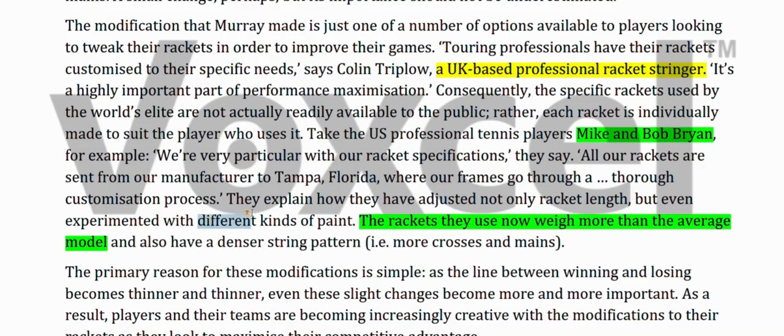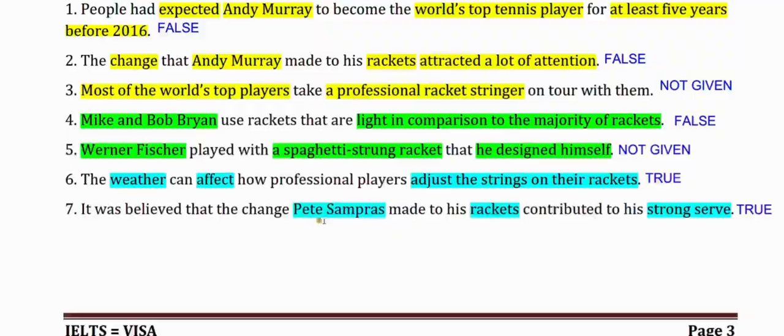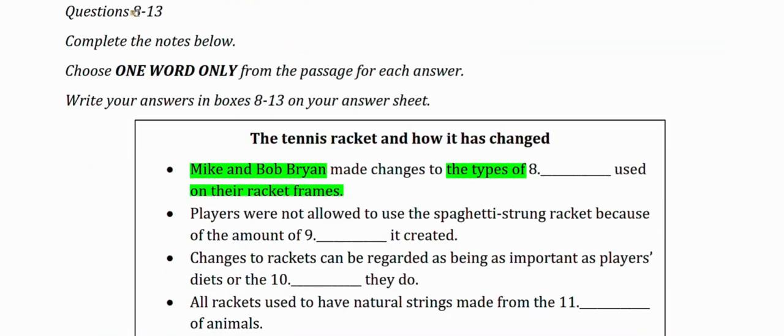So in the question they have written types of, and in the paragraph they have written kinds of. So they have also changed kinds of paint. So our answer will be paint.